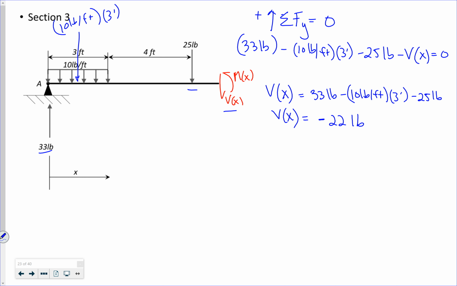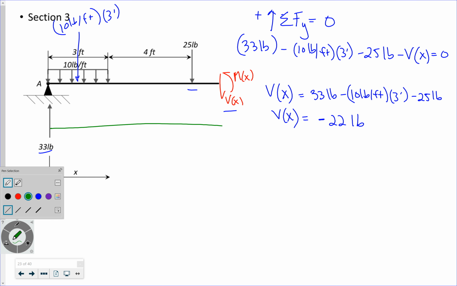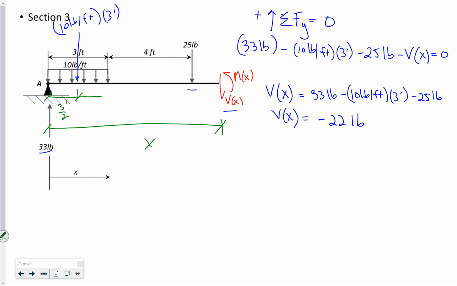And finally, I get my moment. So let's see, I'm going to think about my moment arms. So this one is going to be acting at a distance x. If this is 3 feet divided by 2, then this is acting at a distance x minus 3 feet over 2.